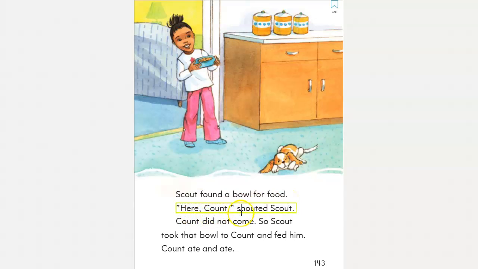Here, Count, shouted Scout. Count did not come. So Scout took that bowl to Count and fed him. Count ate and ate.